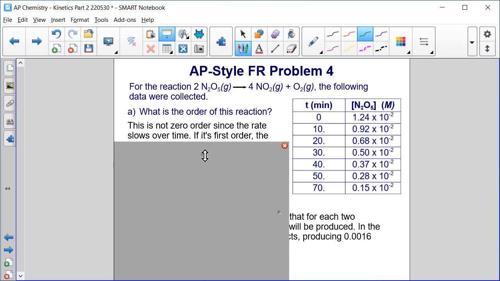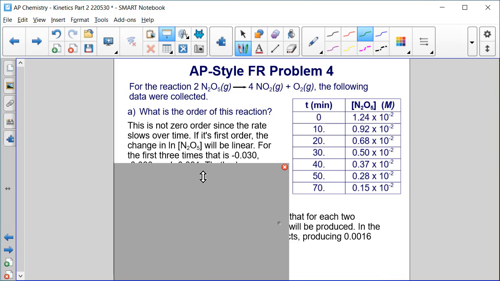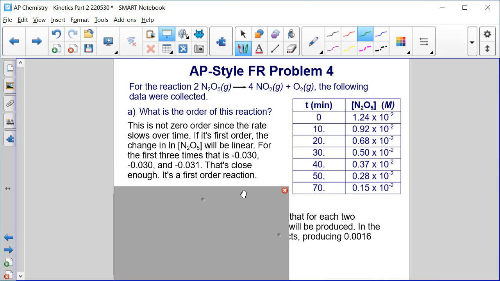If it's first order, the change in the natural log of N2O5 will be linear. For the first 3 times, that's a decrease of 0.03, negative 0.03, and negative 0.031. That's close enough, so we would say that this is a first order reaction.